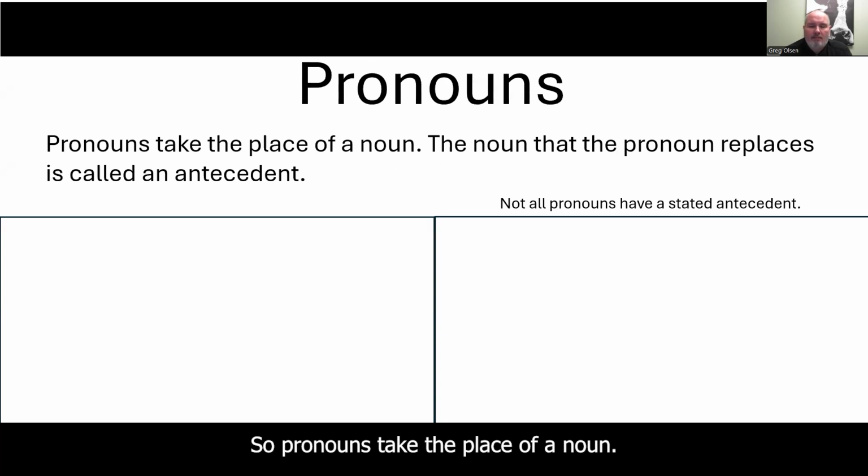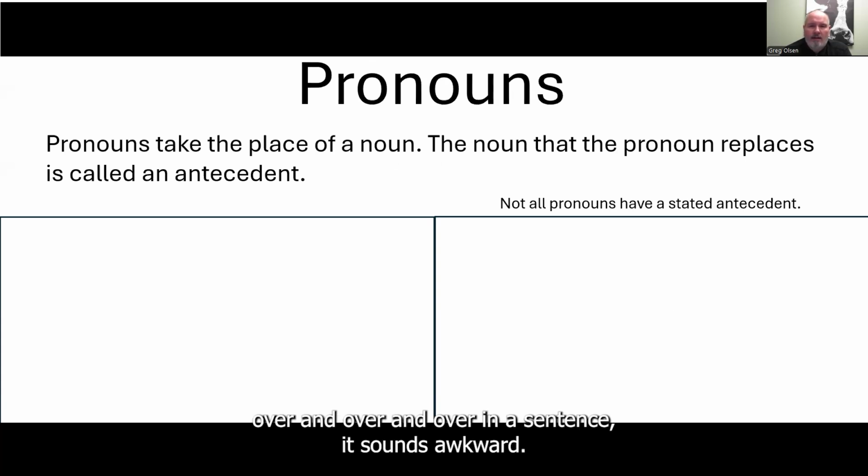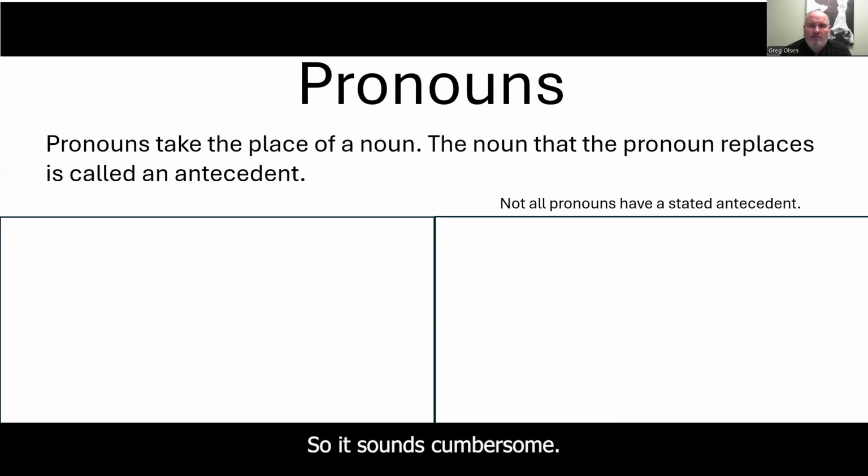All right, let's move on to pronouns. So pronouns take the place of a noun. And one of the reasons that we want to do this is because if we restate a person's name over and over and over in a sentence, it sounds awkward, so it sounds cumbersome.